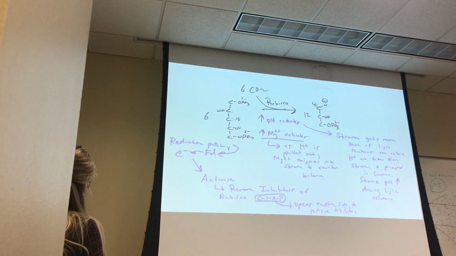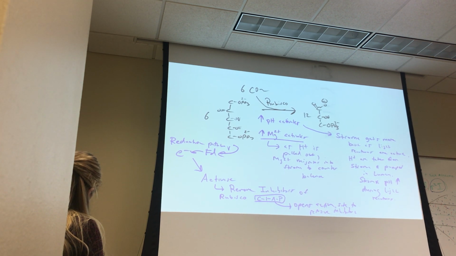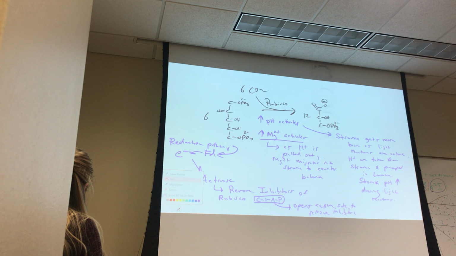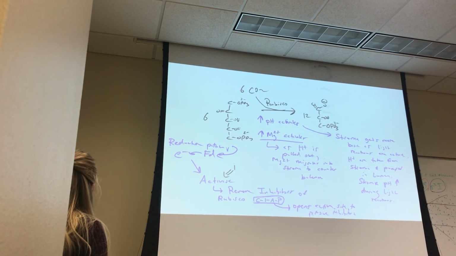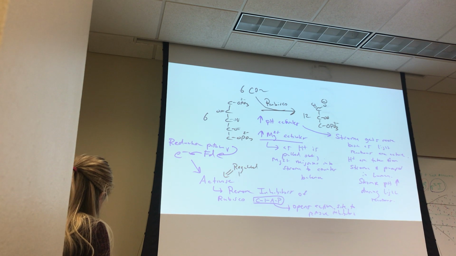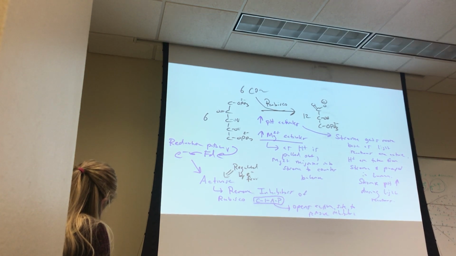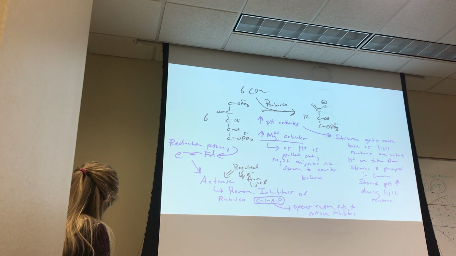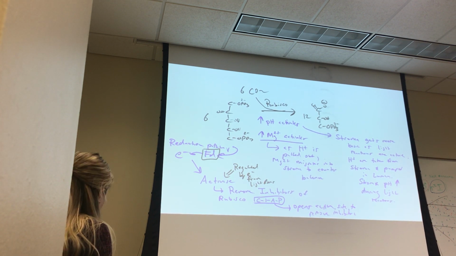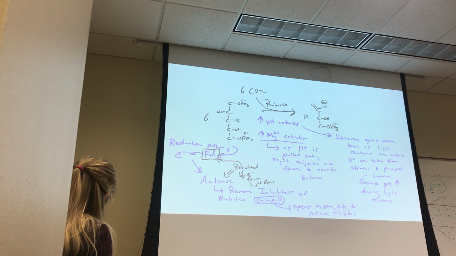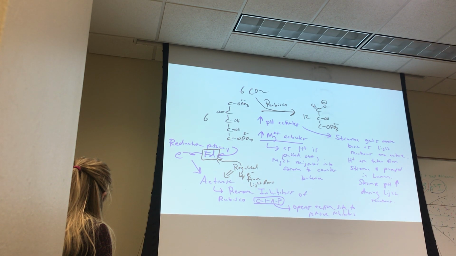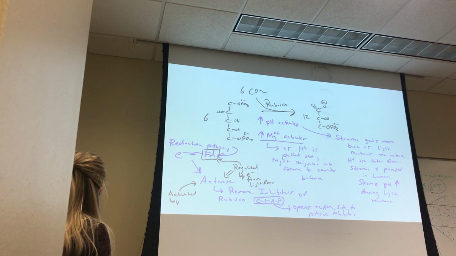So ultimately, where are we getting those from? From the light reaction. So activase is actually regulated by electrons from light reactions, right? Because here's where those electrons come from. So activase gets activated by becoming reduced. So activase is activated by being reduced. And it has cysteines that are important to get reduced.